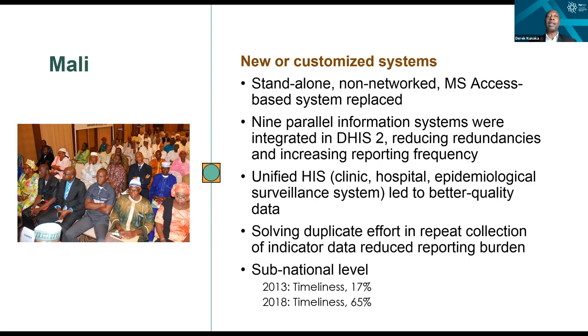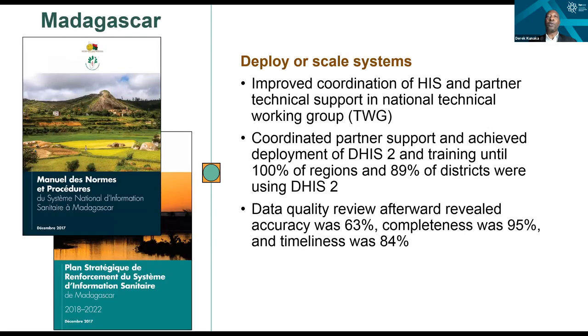Next slide, please. In Madagascar, we started with multiple vertical program-specific reporting systems and disease surveillance systems. Coordination of HIS partners through the governance body, the TWG, produced an HIS roadmap that paved the way for development and implementation of SOPs, tools, guidelines, a DHIS2 action plan and scale-up strategy, data quality assurance plans and assessment tools, the national HIS strategy itself, as well as a coordinated deployment of DHIS2.